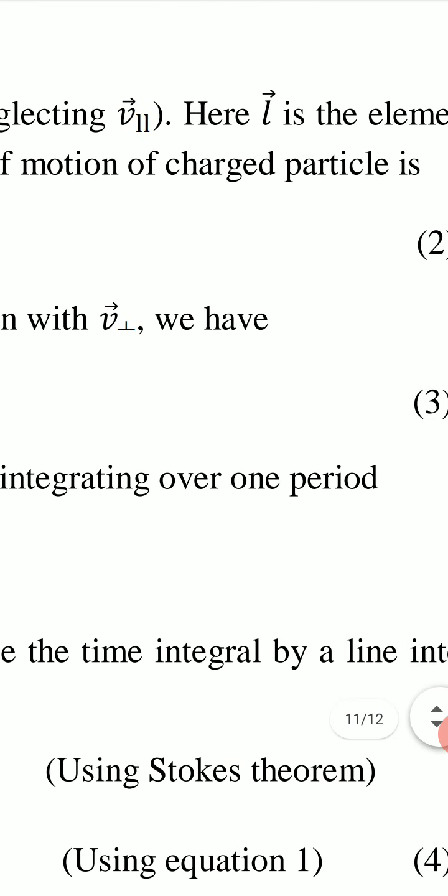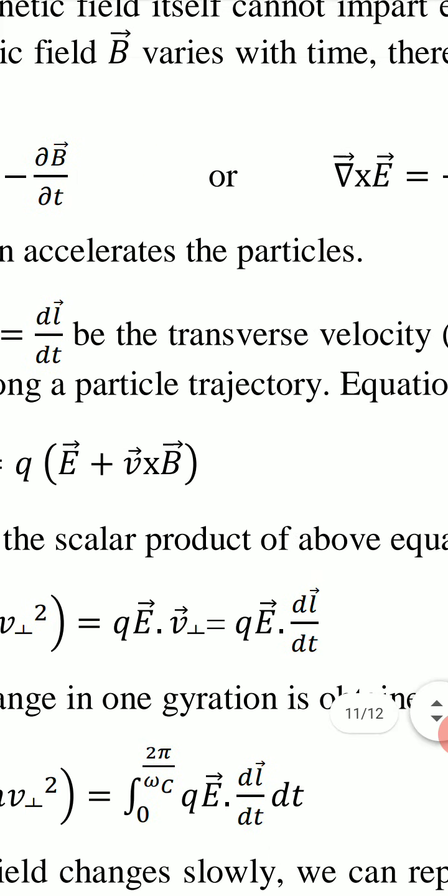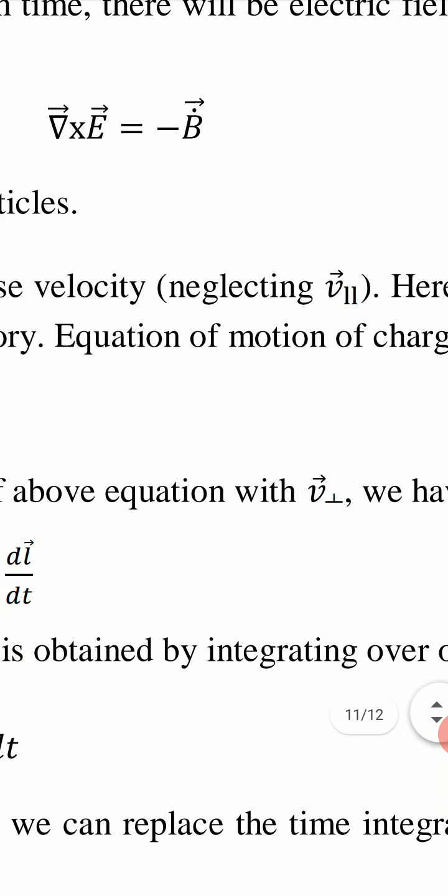The equation of motion of the charged particle is written as m dv upon dt equal to q into E vector plus v vector cross B vector. We have a time varying magnetic field B vector, and this time varying magnetic field produces an electric field E vector given by this equation.